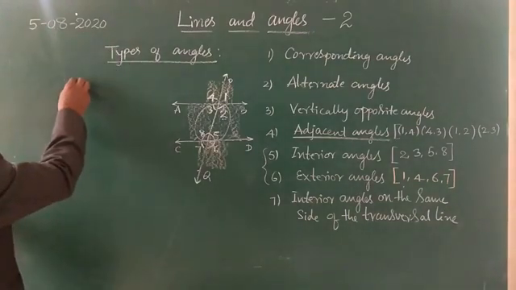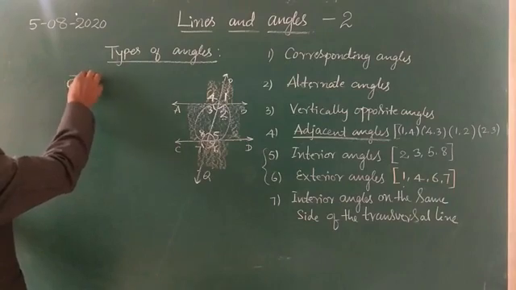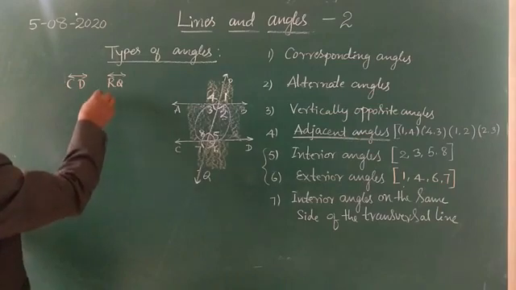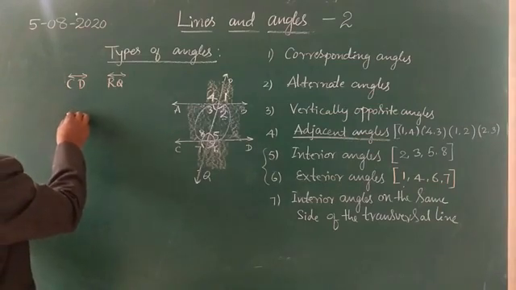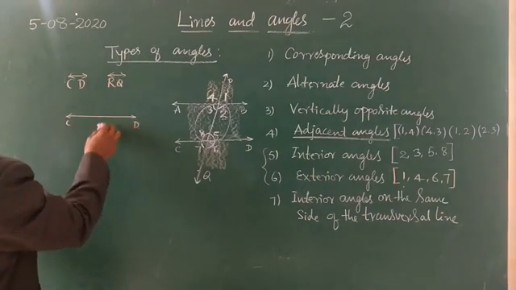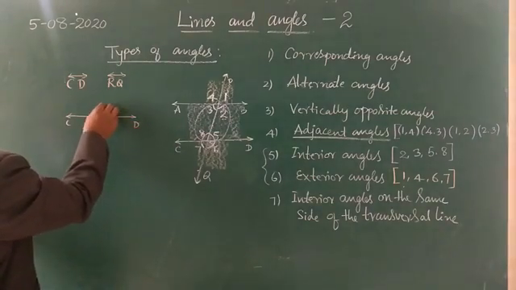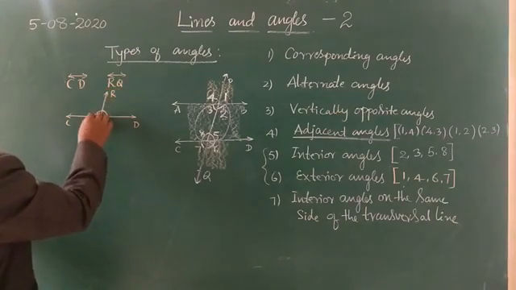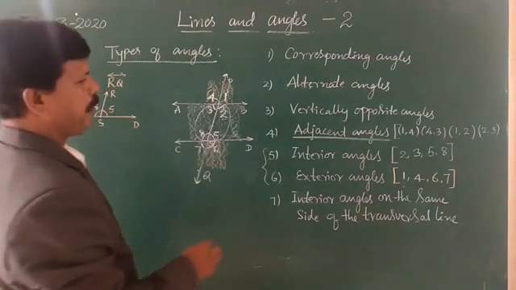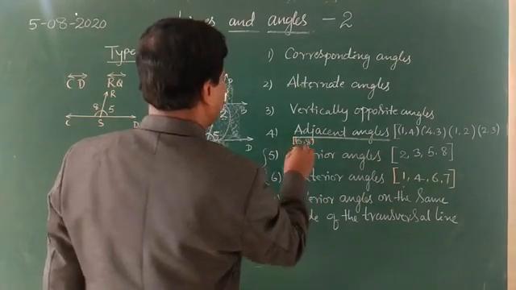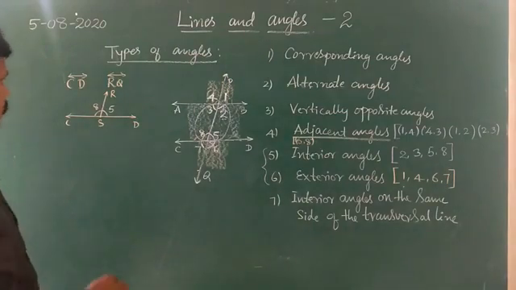Now, with respect to CD and RQ, when you take these two lines, so first I am taking this CD and here is SR. Then these two angles 5 and 8 is one pair of adjacent angles. 5, 8 is one pair of adjacent angles.